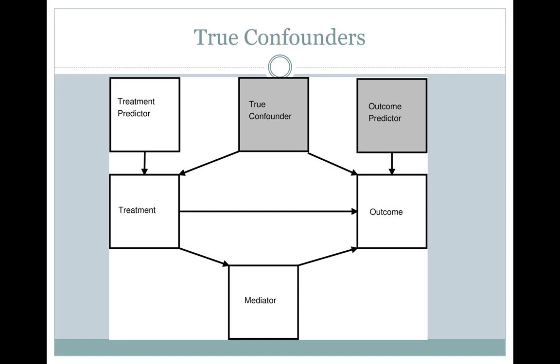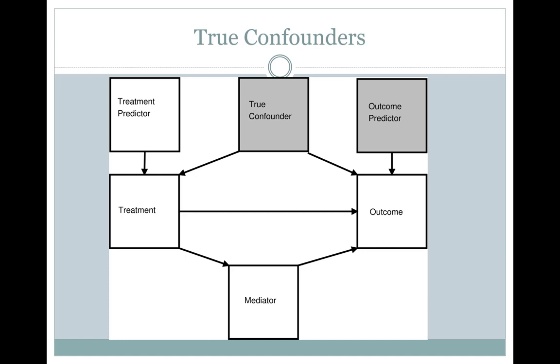Typically, the most important predictor of the outcome is a pre-test measure of the outcome if available. In other words, either a measure of the outcome that was taken before treatment exposure or a proxy of the outcome that was measured before treatment exposure.